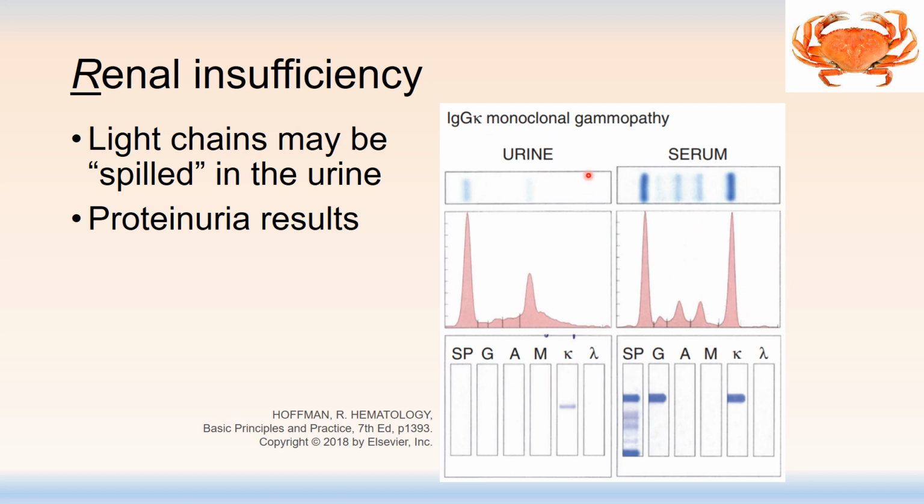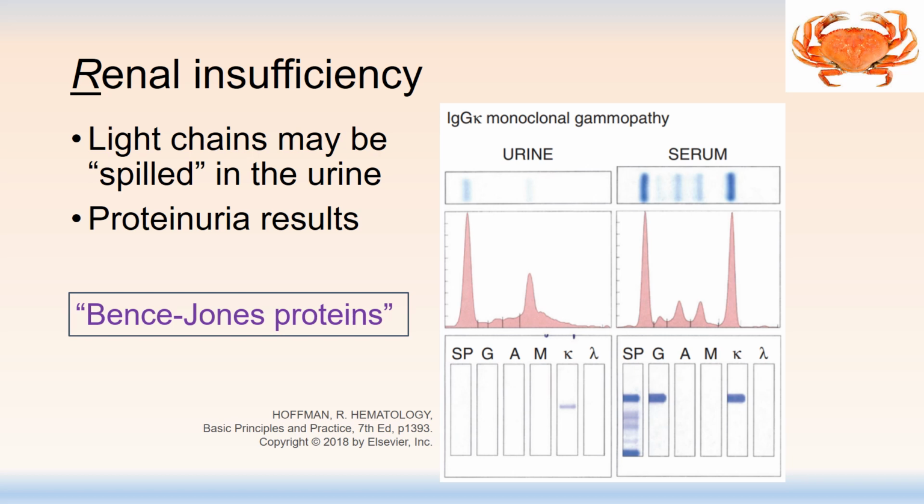Over here, we have a urine protein electrophoresis, also known as a UPEP, and it shows a similar spike because those free chains are in the urine as well. In the serum, you're more likely to see an intact restricted antibody, IgG kappa in this case, whereas in the urine, you may uniquely just spill the light chains. Incidentally, there is a name for light chains in urine in these patients who have myeloma. These are our Bence-Jones proteins.